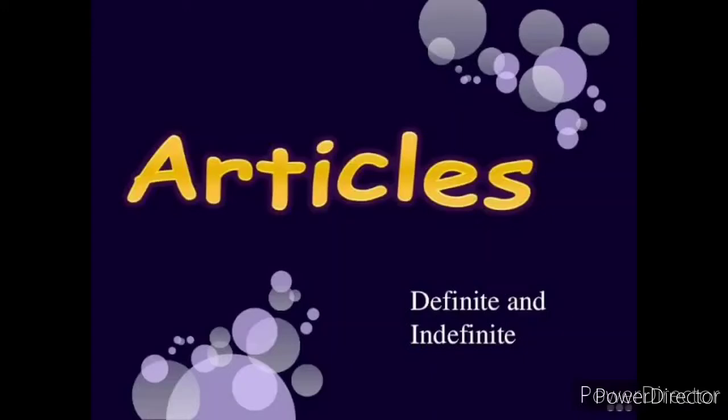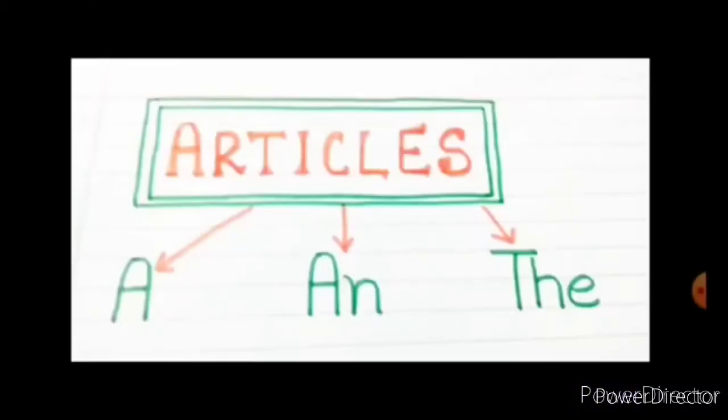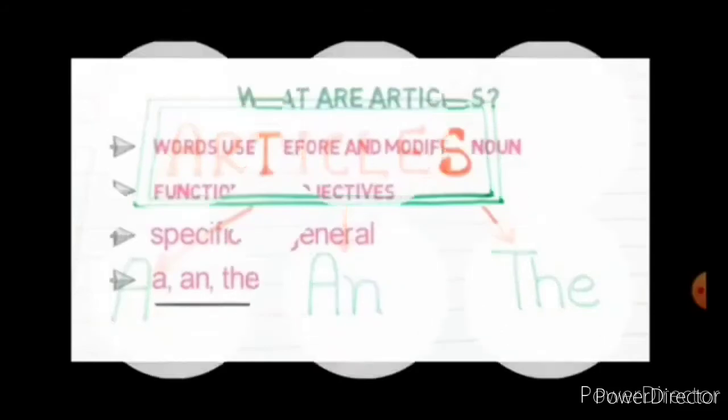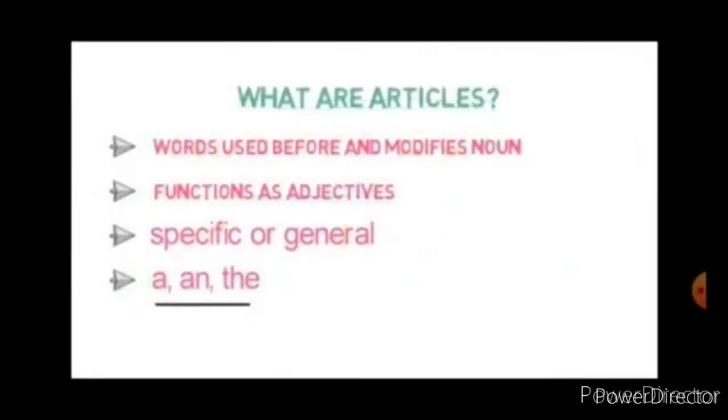Children, to understand more about articles, let's watch the detailed study of articles now. A, an, and the are the three articles in English. First, let us see what articles are.